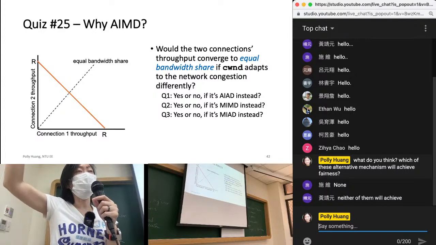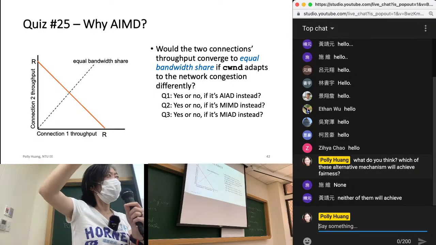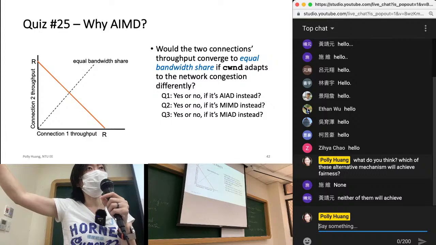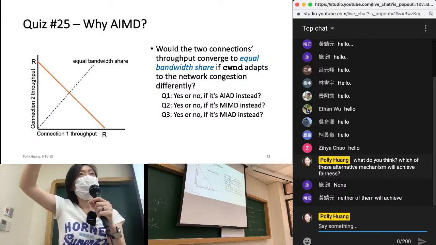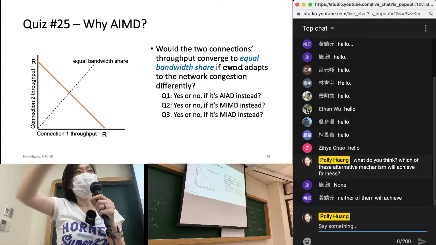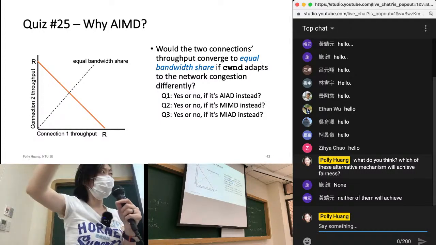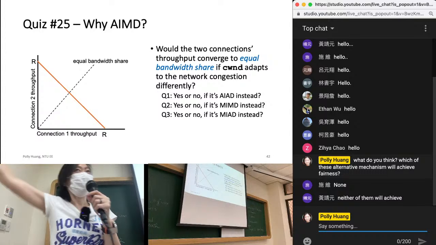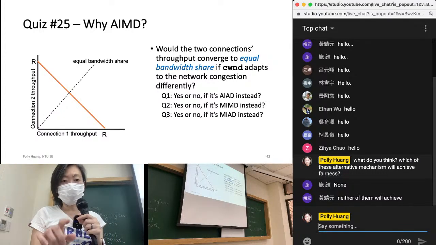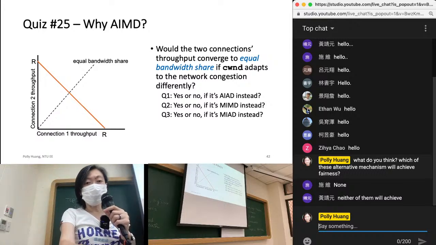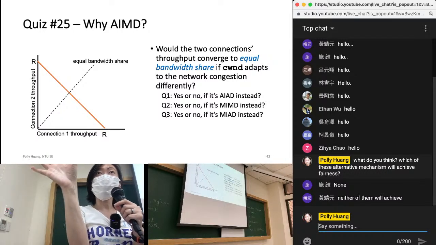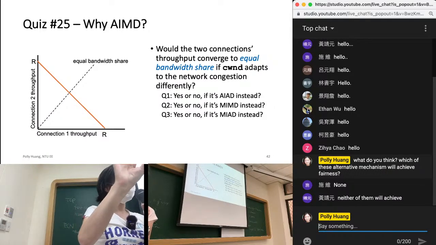If it's MI, the bandwidth for connection 1 is doubled, and the bandwidth for connection 2 is also doubled. Which one grows faster? The early start connection grows faster. So if we start from the same point in the example we saw earlier, where connection 1 has a bigger throughput to begin with and connection 2 a smaller throughput.